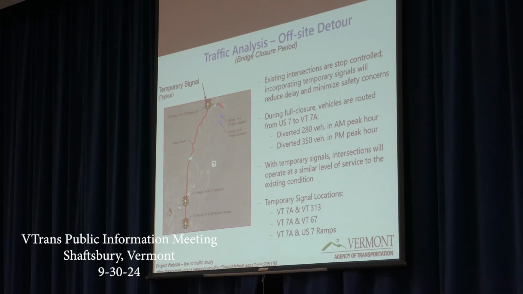This is about 200 vehicles in the AM peak hour, about 350 in the PM peak hour. With the temporary signal units, the intersections will operate at a similar level of service to the existing condition. These temporary signals would be installed at 7A and 313, 7A and Vermont 67, and 7A and the US 7 ramps at exit 2. They would only be employed during the closure.